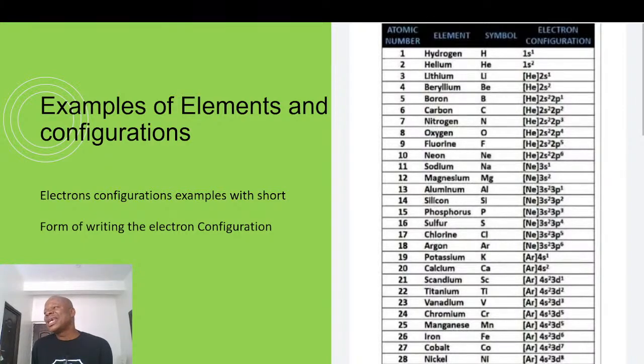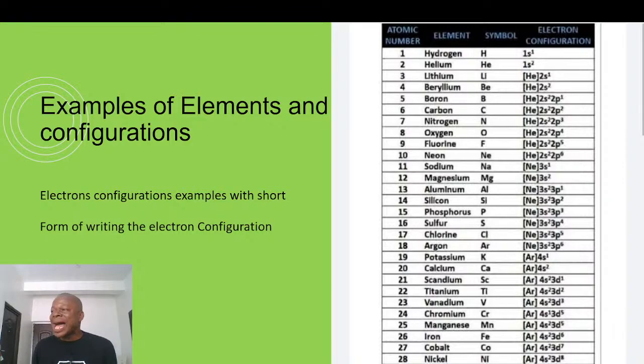If you look at nitrogen, the symbol remains N. We want to write the electronic configuration there. We use helium as a symbol for 2, bracketed. For nitrogen: [He] 2s2 and 2p3.